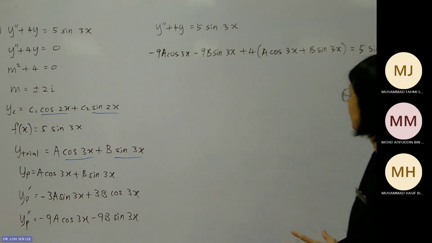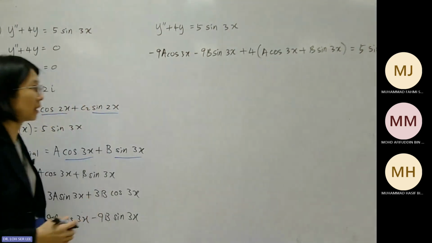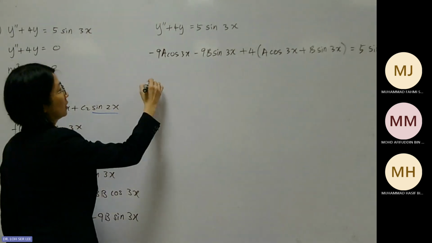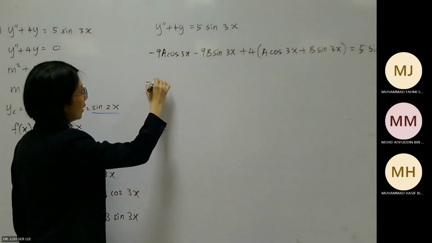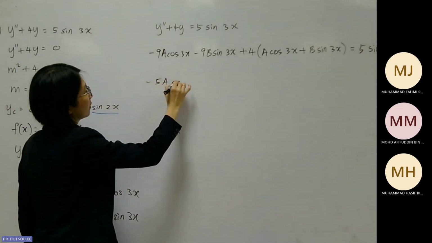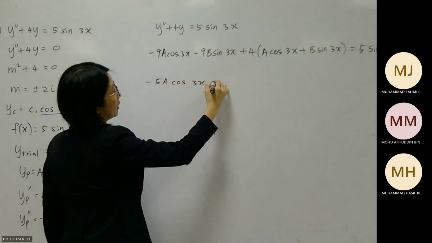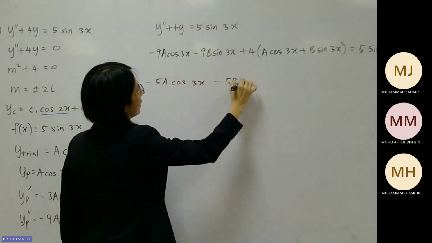So simplify: negative 9a plus 4a, negative 5a, and negative 5b.